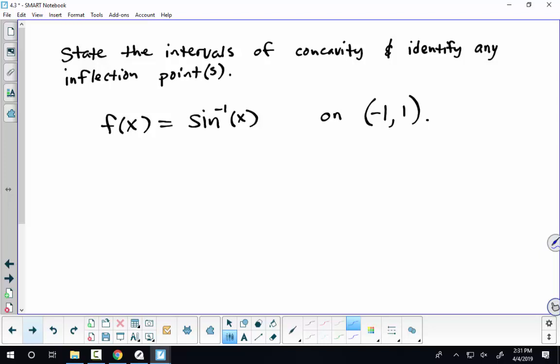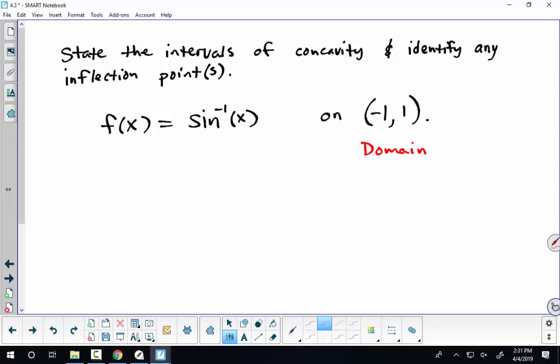So the domain for inverse sine was -1 to 1, including the endpoints. Like we saw another example of a question like this where they said do this on the following interval. When that occurs, that is now effectively your domain, regardless of the domain of the original function. So you're given a new domain for this function to work with.